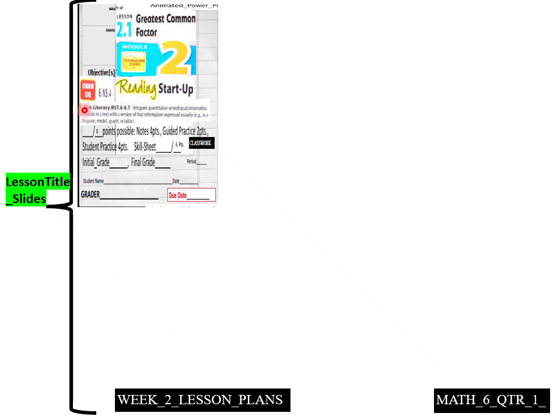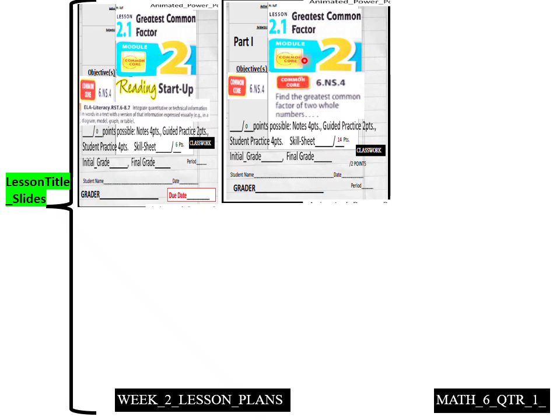We actually have an ELA standard here that applies, which is ELA Literacy RST 6-8.7: integrate quantitative or technical information expressed in words in a text with a version of that information expressed visually, for example in a diagram, model, graph, or a table. And for this lesson, you have 6 points on this classwork lesson.